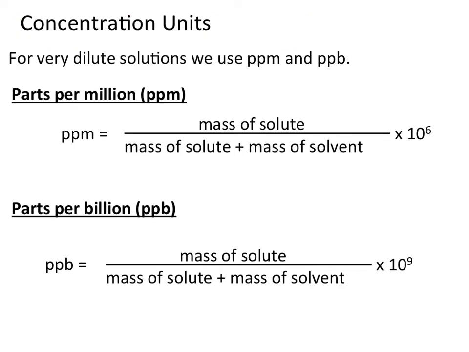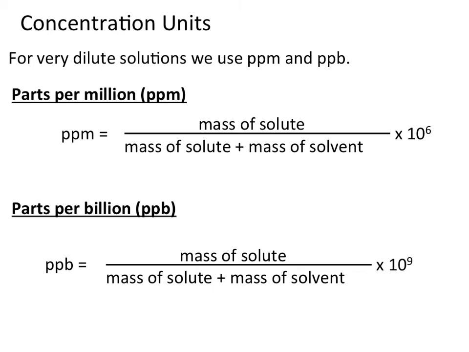So another way to express concentration is parts per million and parts per billion, as I mentioned earlier in this lecture. Parts per million and parts per billion are usually used in very, very dilute solutions. Specifically, they're typically ways that we refer to contaminants in water sources and things like that.